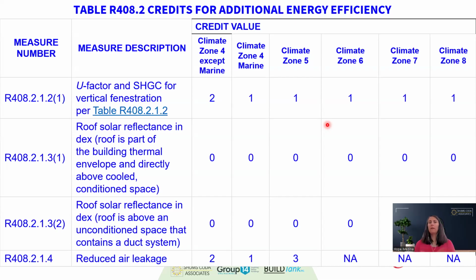If you went with the REScheck and you chose to trade something off, say you're trading off windows that were supposed to be 0.28 for 0.32, to utilize this credit, you can't have anything less than what would be within that table. So you couldn't use that in this particular option.